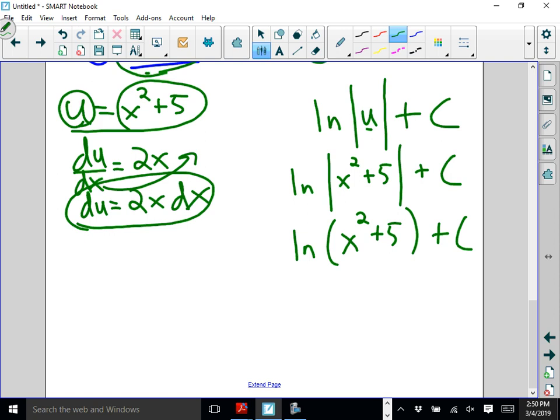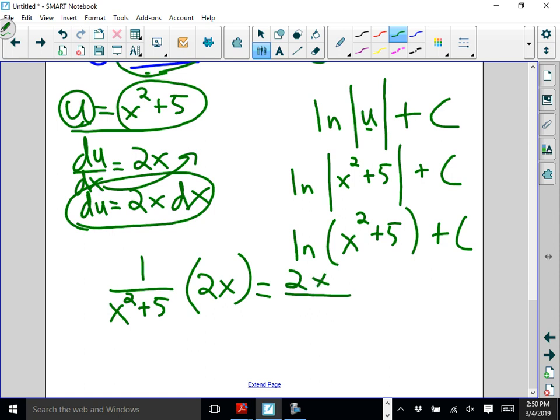The derivative would be 1 over x squared plus 5, but then I'd have to multiply by the derivative of the inside, which would be 2x. And simplifying that, we get 2x over x squared plus 5, which is exactly what we started with here.